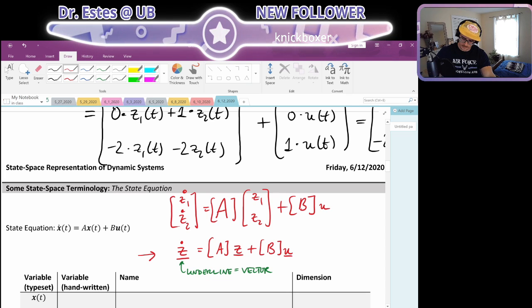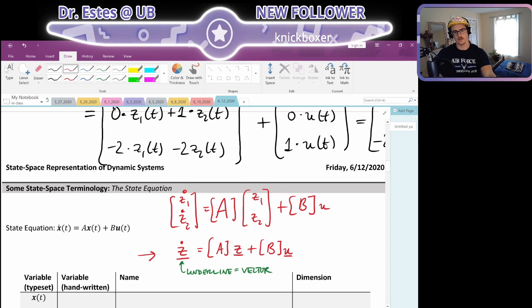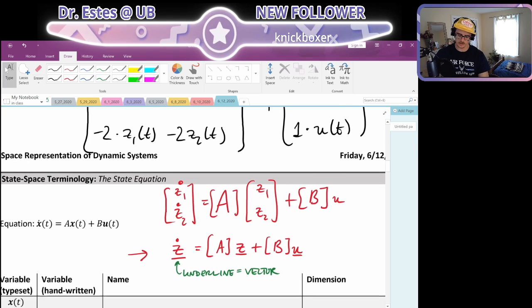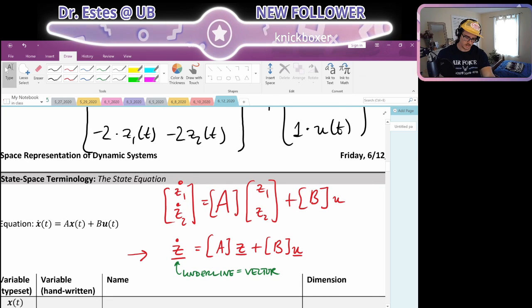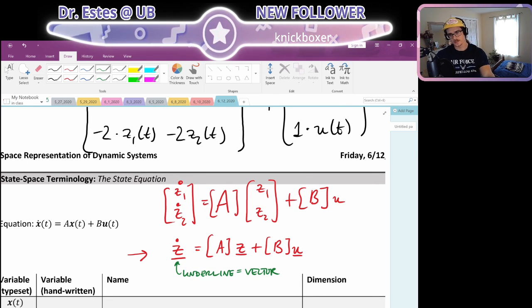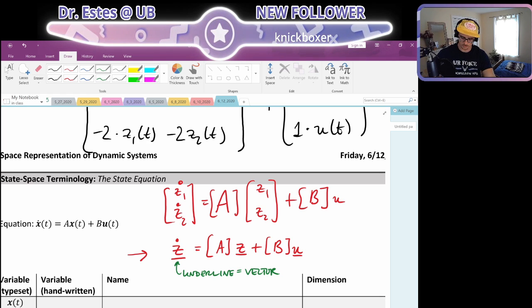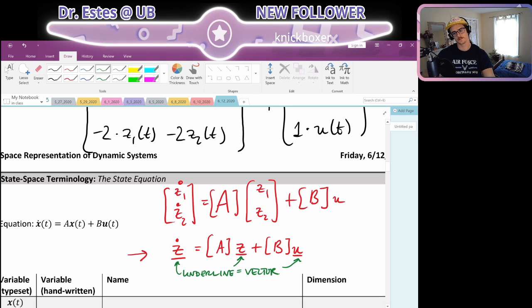And I'm going to put a line here underneath the input as well. Like in our example, there was just one input to the system that was U. And so it's not really a vector, but sometimes you can have multiple inputs to your system.